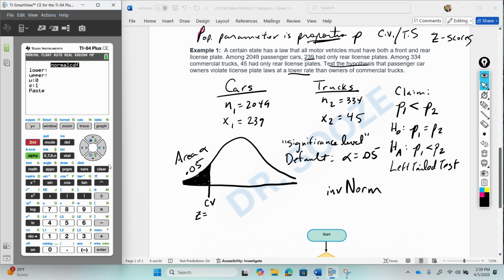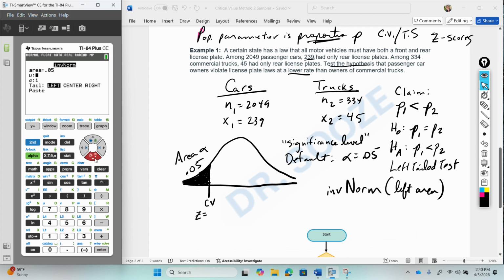So second, mode to get out of here. All right, let's try it again. Second, bars, and let's go to inverse norm. That's what I need for this. My left area, so I press enter, and notice that the default here is left, is 0.05, the shaded rejection region.